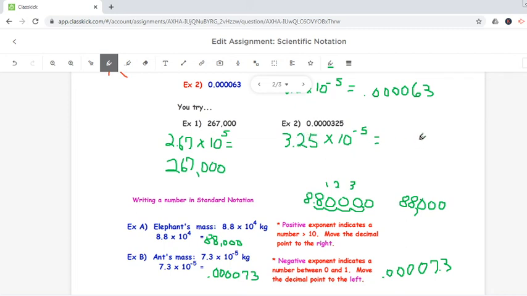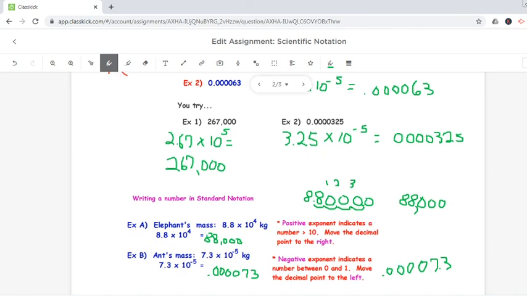So we'll do 1, 2, 3, 4, and 3, 2, 5. Yep, and that's the same as this. 1, 2, 3, 4, 3, 2, 5.